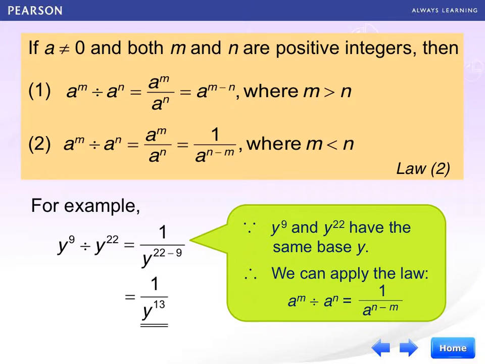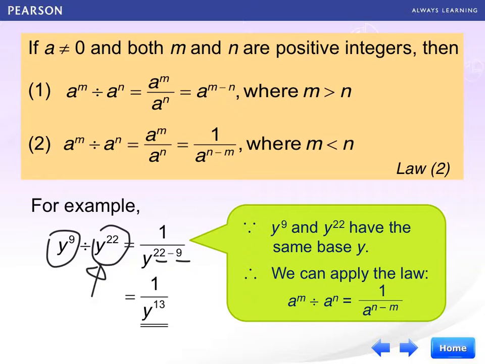Another case: y to power 9 divided by y to power 22. This time the denominator is larger.